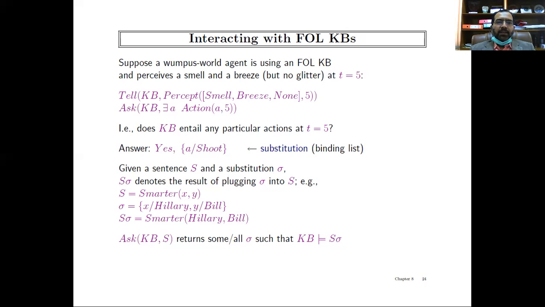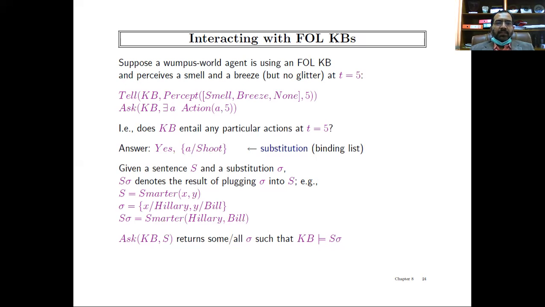For example, if S is equal to Smarter(x, y), then you have to come up with a sigma, which is the replacement, or you can say the instantiation, of x and the instantiation of y. Let's suppose x is Hillary and y is Bill. So S sigma will be Smarter(Hillary, Bill), as we did in the above example where we represented this as A/shoot. That is the best representation.